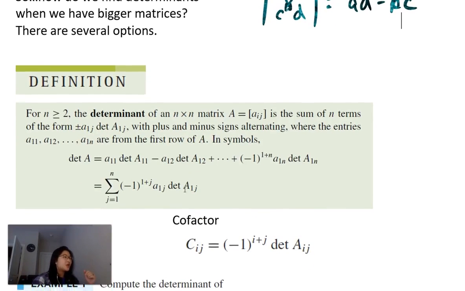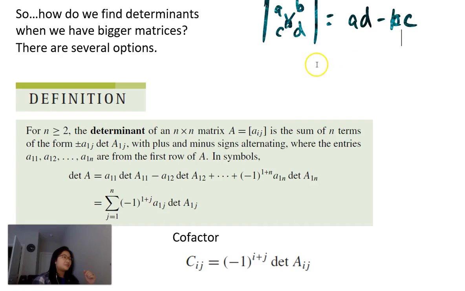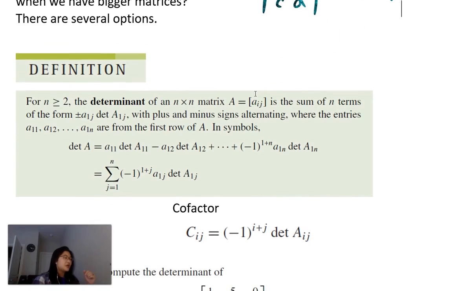If we're looking for bigger than 2x2, the determinant of our square matrix A is the sum of some terms, and these terms are going across our row, and then multiplying by a submatrix determinant.